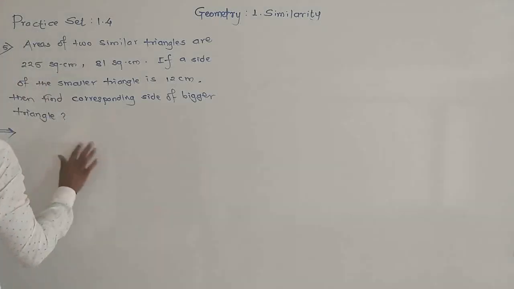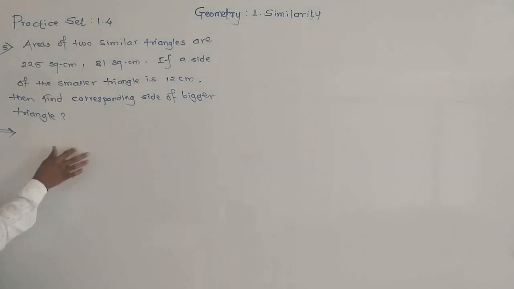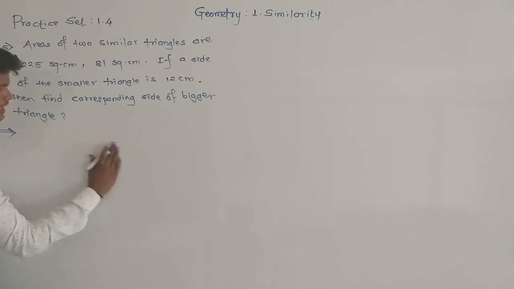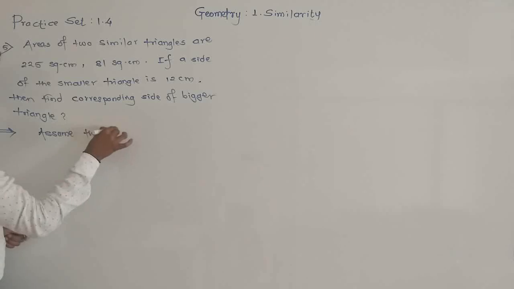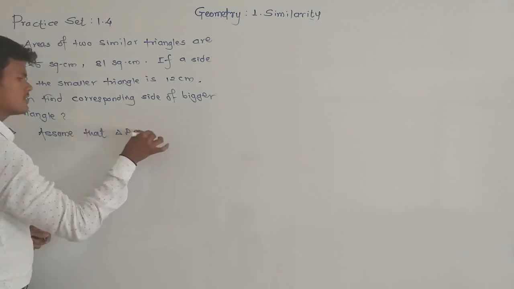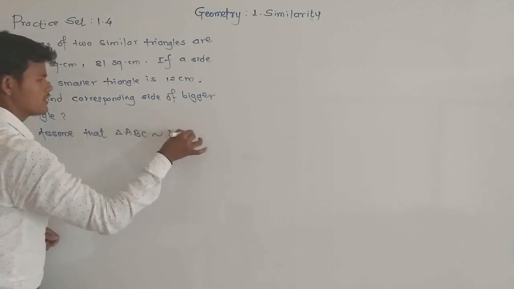That means two triangles are similar, out of which one is smaller and another one is bigger. For that, initially consider two triangles that are similar. So assume that triangle ABC is similar to triangle PQR.